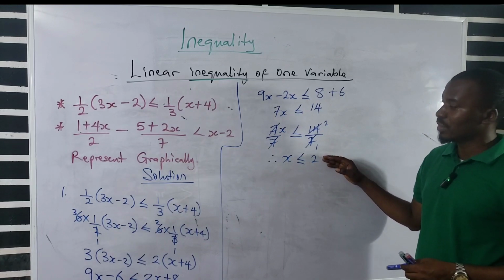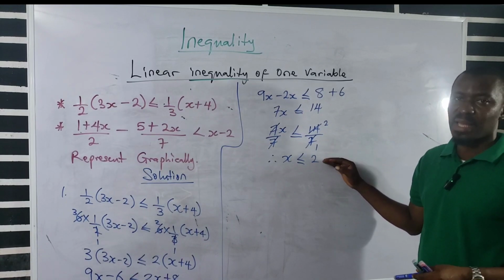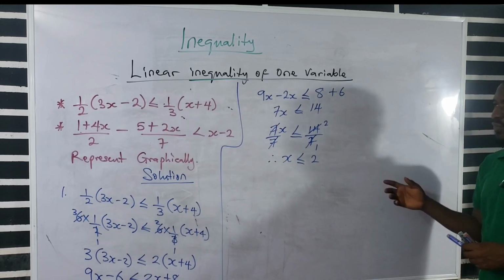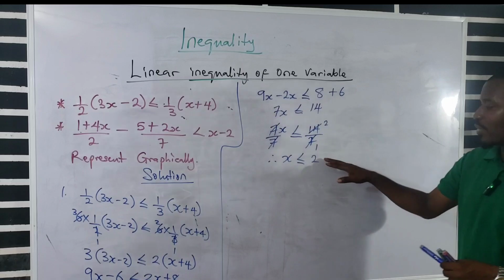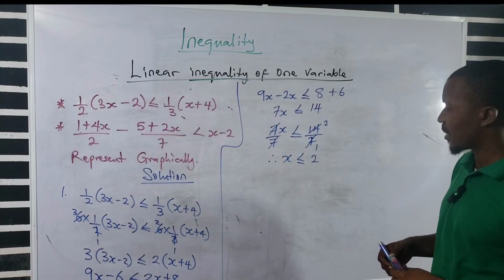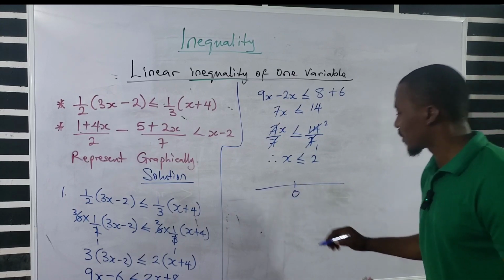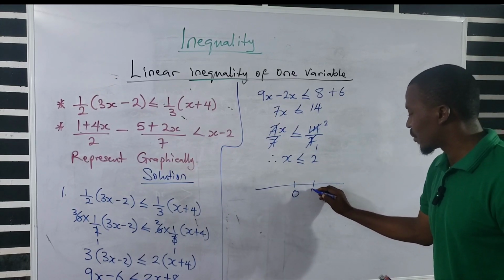The next thing I will do is to represent this answer in a line graph. Remember, we just finished explaining line graphs, so we can easily represent this. I'll get my numbers 0, 2.